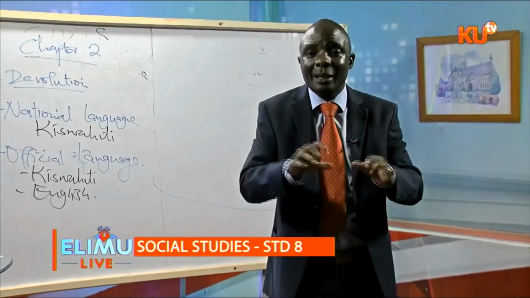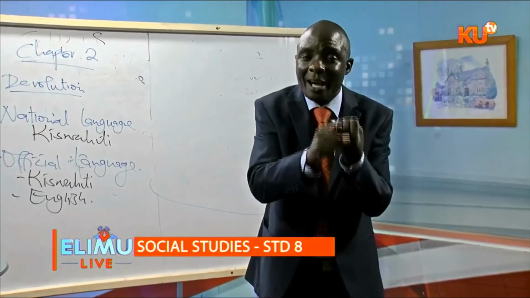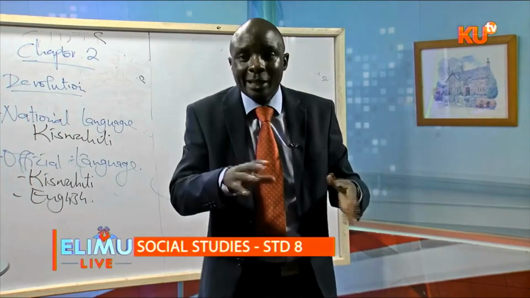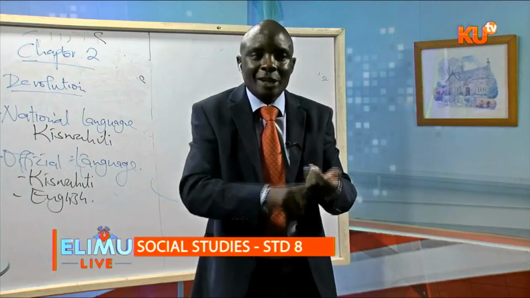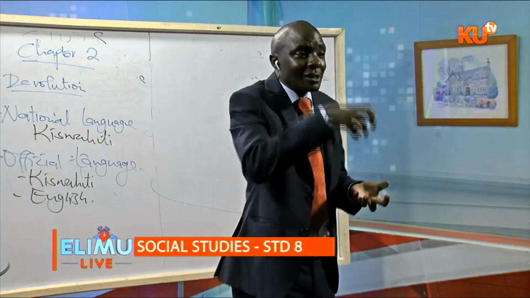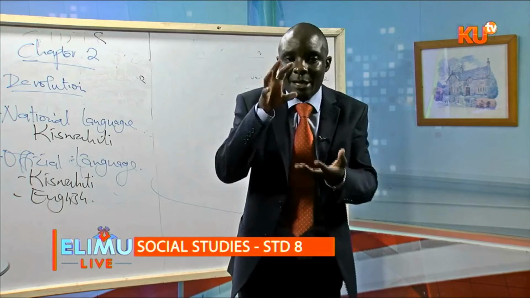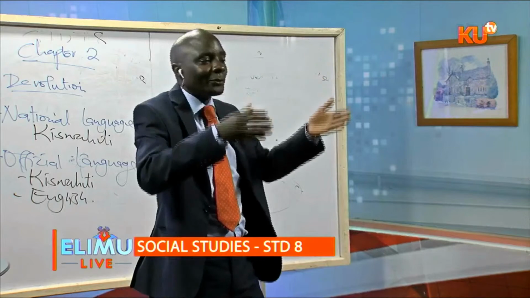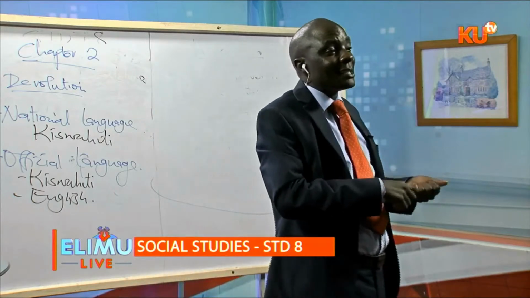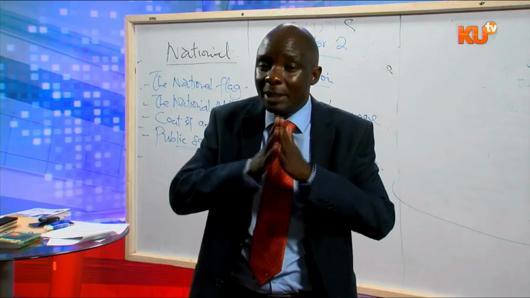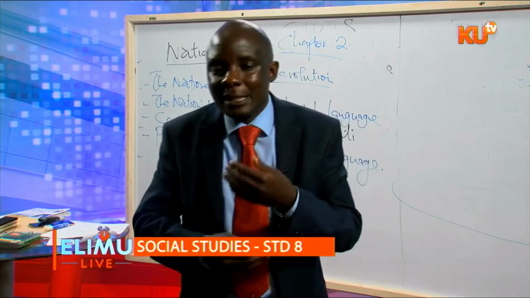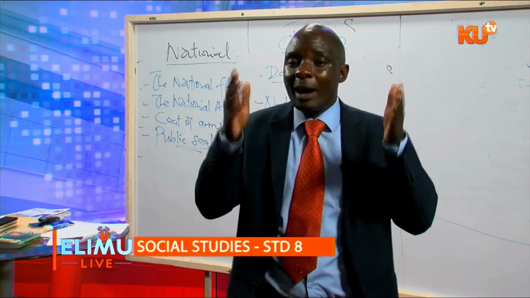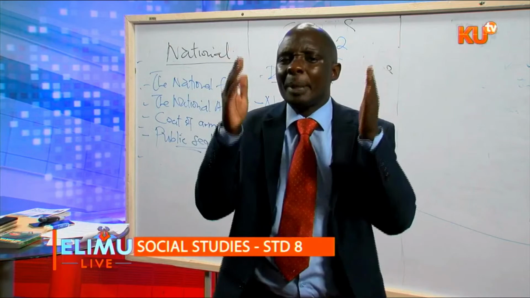In 1963, 1st June, I hope you are writing this date somewhere in your living room, Kenya got internal self-government, normally known as Madaraka. 6 months after that, 12th December 1963, Kenya became independent. 1 year after that, 12th December 1964, Kenya became a republic, with Kenyatta becoming the president.